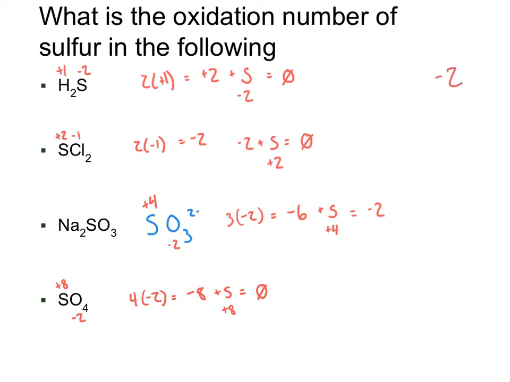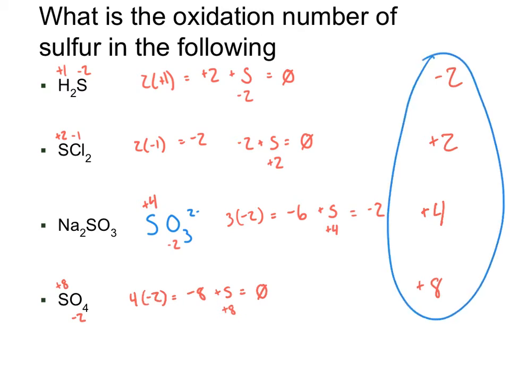And so in our first example, an oxidation number on sulfur of -2. In our second example, oxidation number of sulfur of a +2. Our third example, sulfur has an oxidation number of +4. And in our last example, sulfur has an oxidation number of +8. And so we can see that we have very different oxidation numbers depending on what sulfur is actually paired up with in the compound.